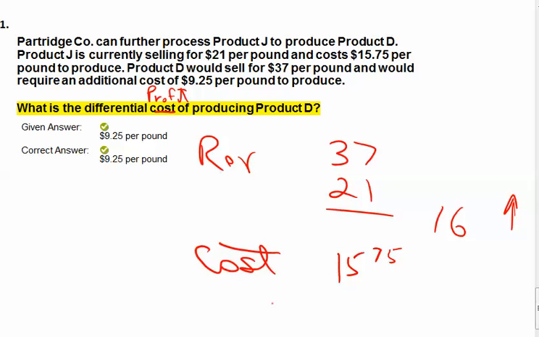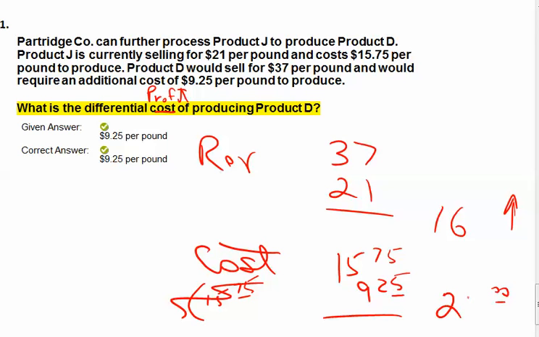Now I'm going to have a cost which is $15.75 plus the 9. I guess I can just add that together, can't I? Gee whiz. Whole new concept. So we add these together, and my differential cost is going to be $25, it looks like, if my math is correct.